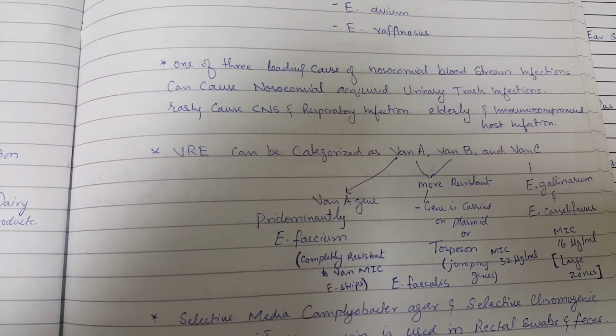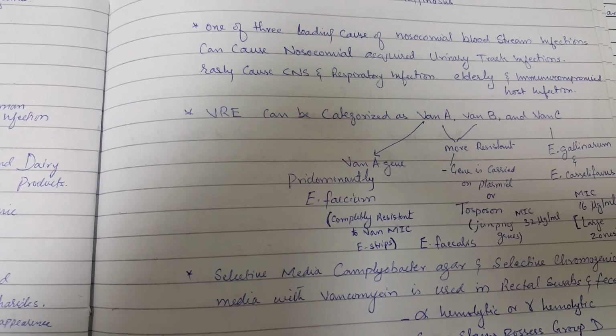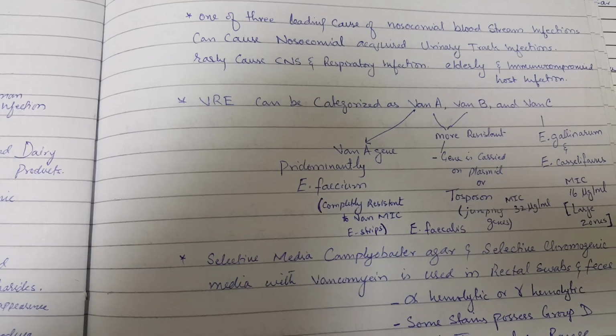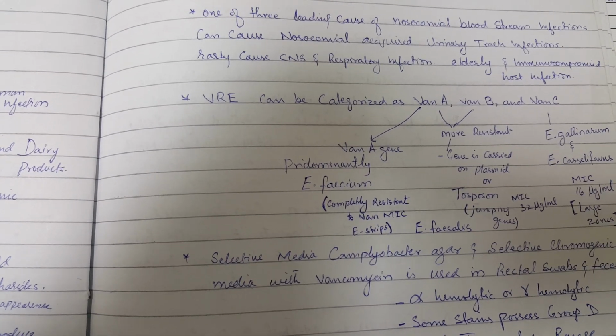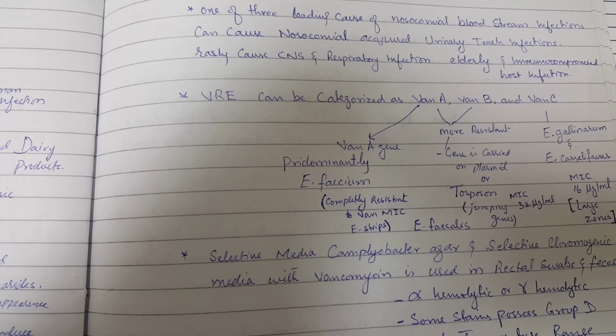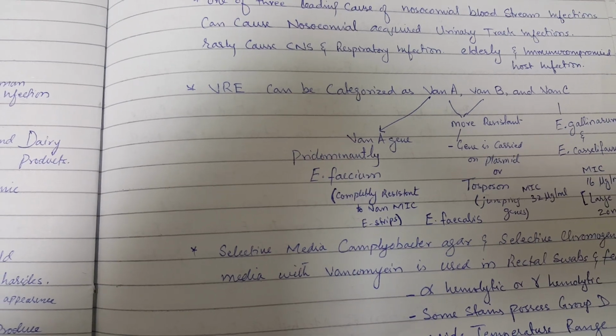The organism is also capable of showing resistance to vancomycin. So VRE can be categorized as per the genes: VanA, VanB, and VanC. The VanA gene is mostly present in Enterococcus faecium, and this is the predominant gene.